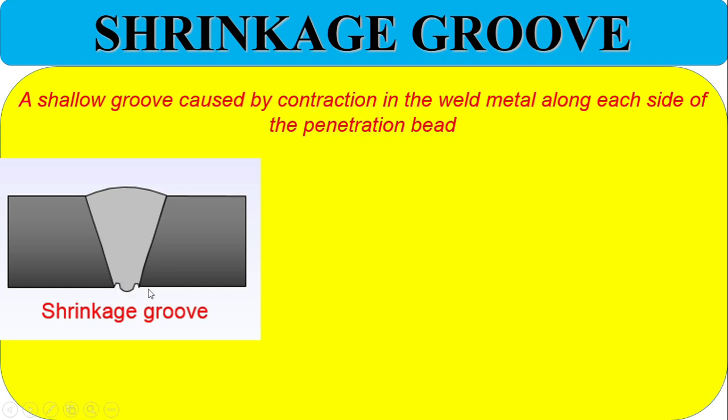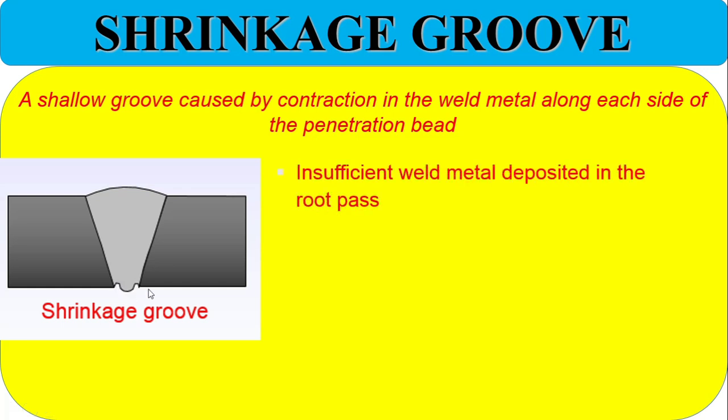Why does it happen? The first cause is insufficient weld metal deposited in the root pass. If the root gap is more or less, the weld metal is insufficient to melt at the groove, at this root gap.